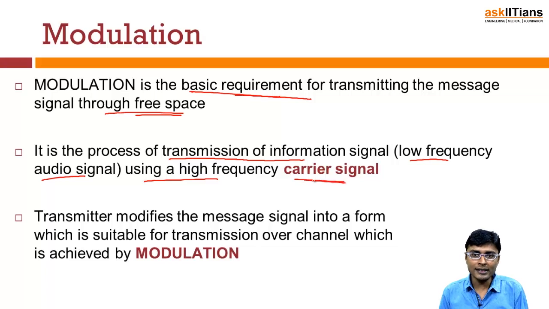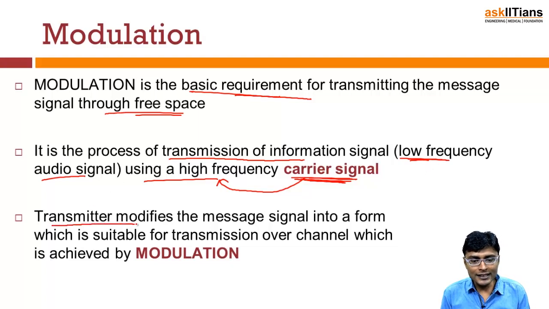So we will be using one signal that will be called a carrier signal, and that will be a higher frequency signal. This signal will help our information signal, which is a low frequency signal, to transmit through the free space.